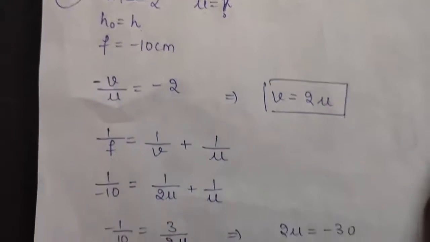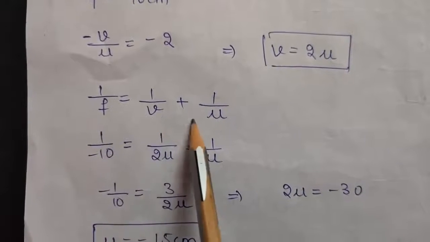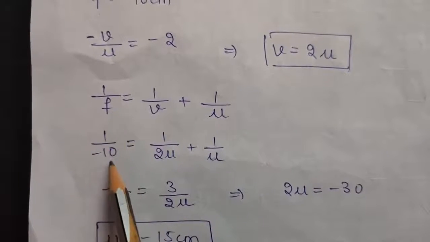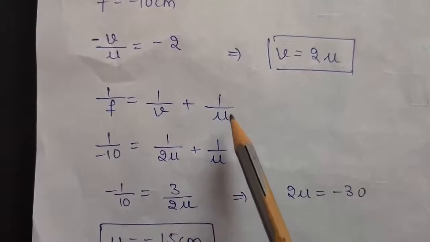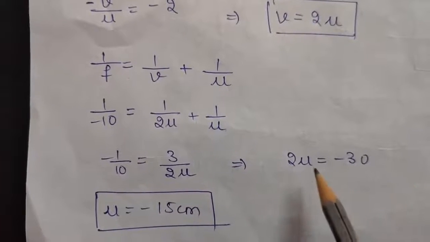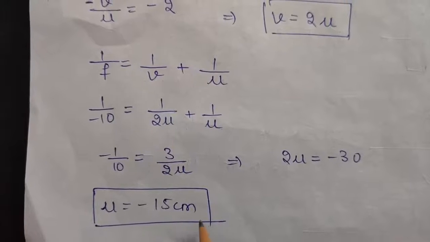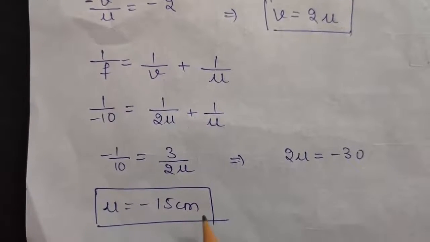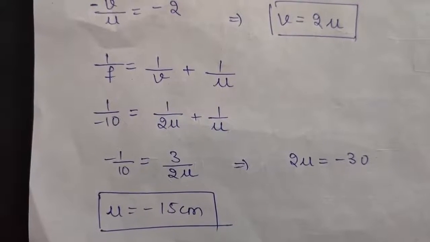Now again using the mirror formula, 1/f = 1/v + 1/u. f is -10, v is 2u, and we are keeping u as it is. When you solve it, you will get 2u = -30, or u will come to be -15 centimeters. So this is the distance of the object for which you will get a real image with a magnification of 2.